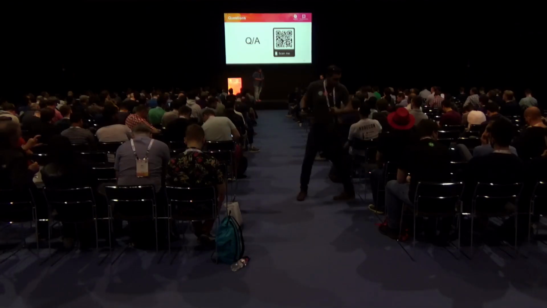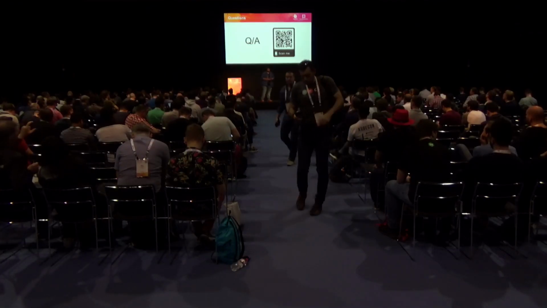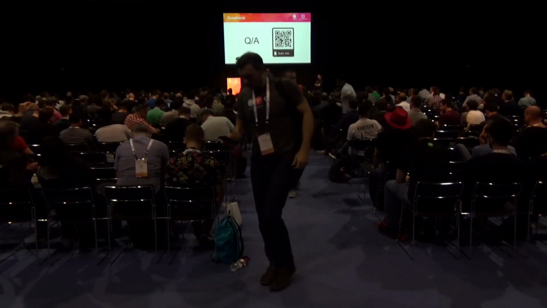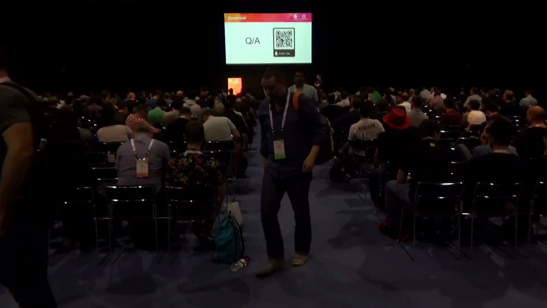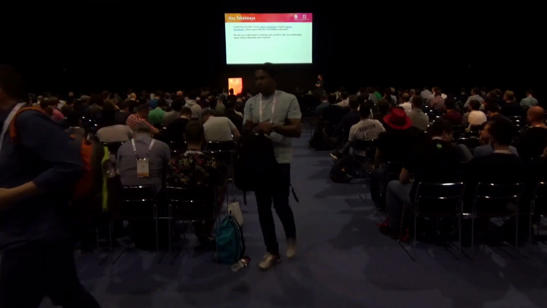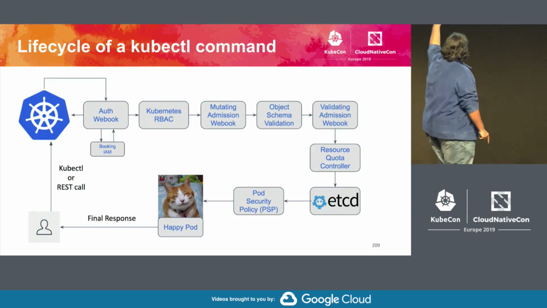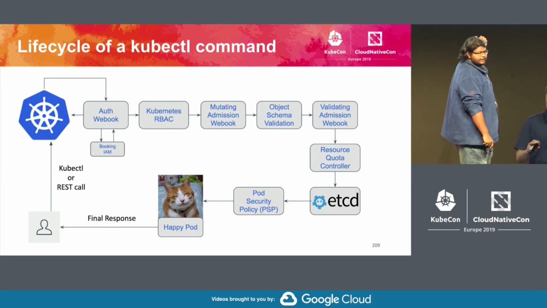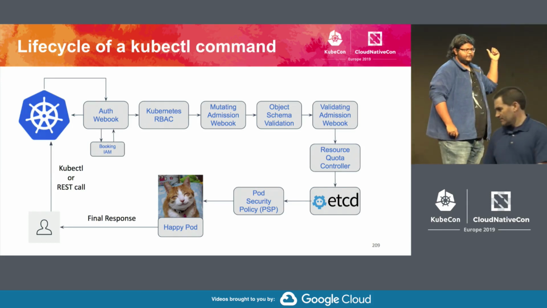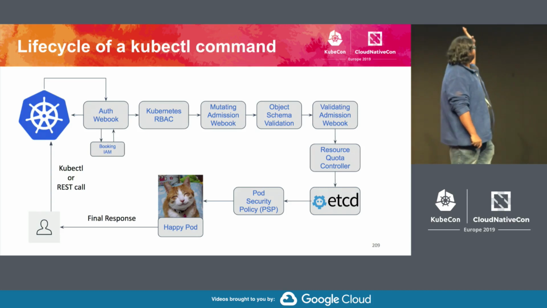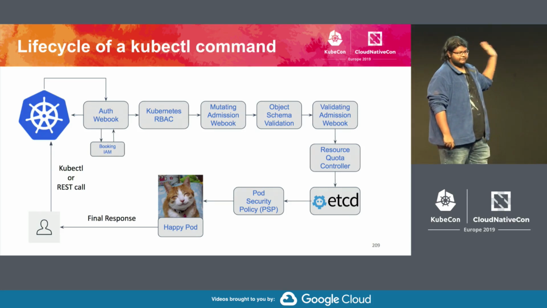Cool. Hello, thank you for this talk. How much of this is open source, especially the service catalog part? So the thing you saw here, except for the Auth webhook, because the Auth webhook can talk to any identity provider that your organization has, right? The rest of the things are directly from Kubernetes.